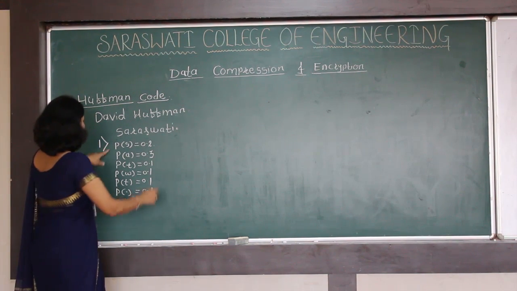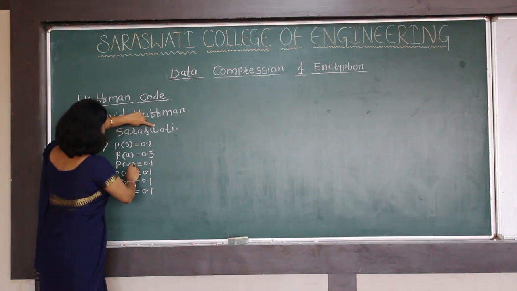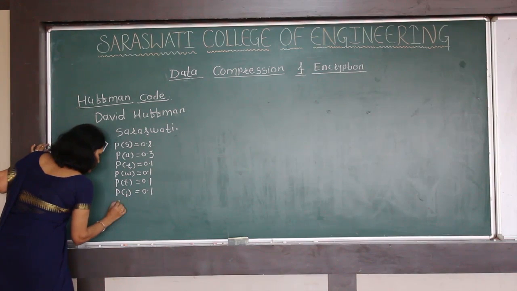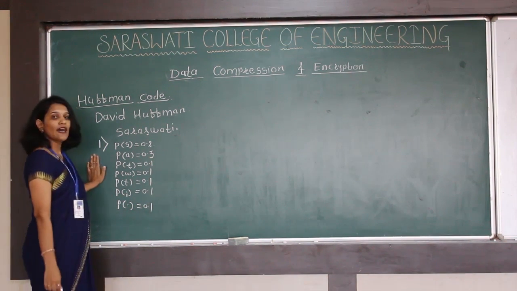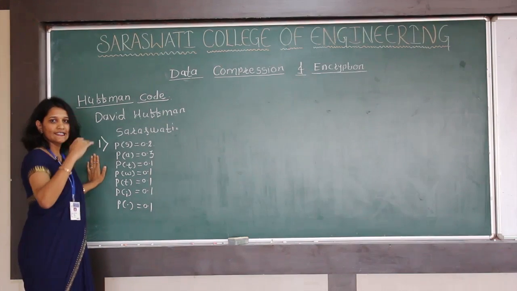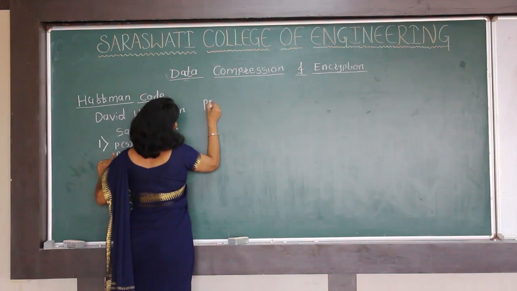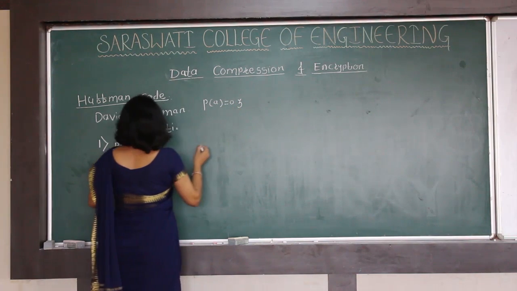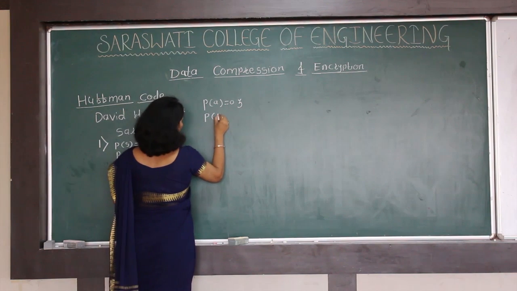Here the probability of S, then A, then R, W, T, I, and then the probability of full stop is 0.1. After that, arrange these probabilities in descending order. For that, first is P of A, it is 0.3. Then next is P of S, it is 0.2.